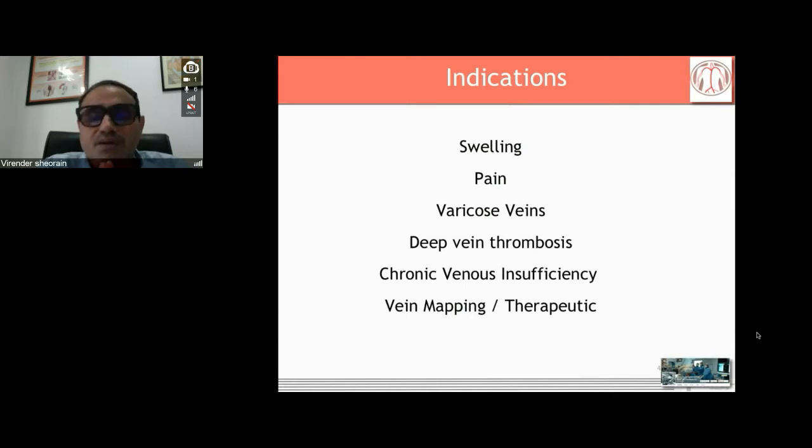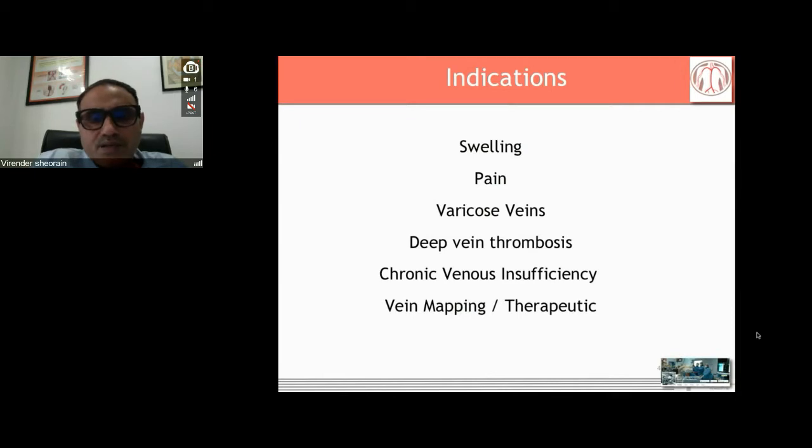The patient can come with pain, in the entire leg, in the calf, or in any other particular area of the leg. Patients can come with varicose veins, basically dilated veins, or veins with pigmentation or ulceration. This is one indication for color Doppler for a venous cause.